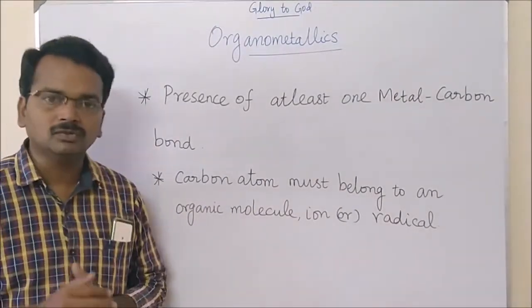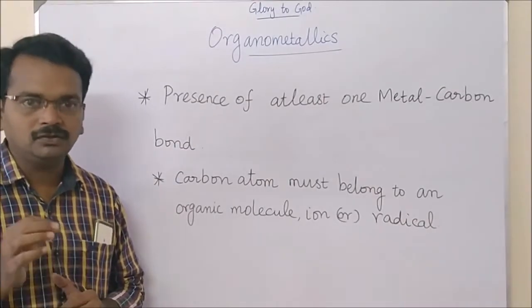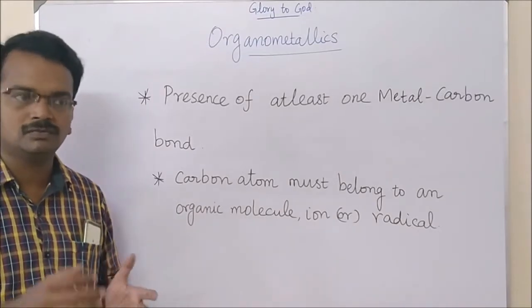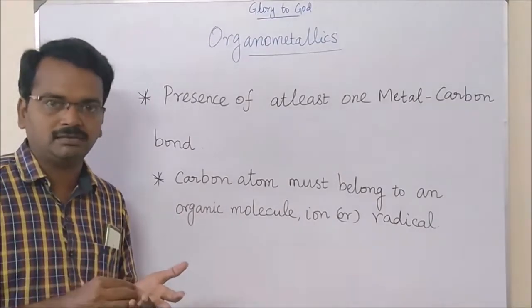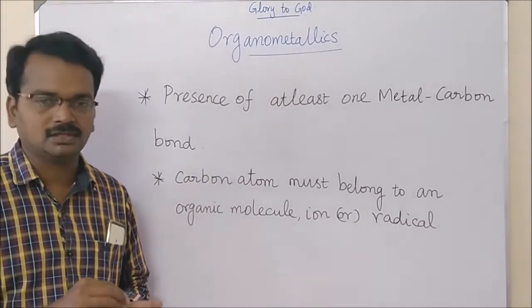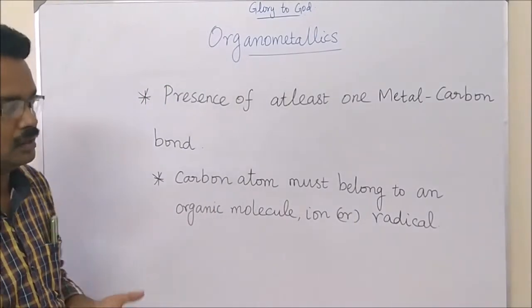Now let us move on to the compounds which cause confusion with organometallic compounds. What are the compounds that can sometimes be misunderstood as organometallic compounds? Let us start with one example, carbides.